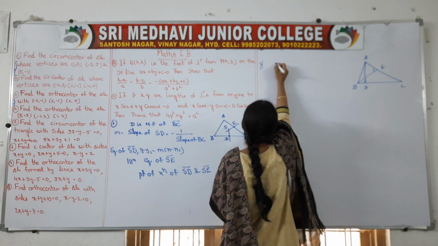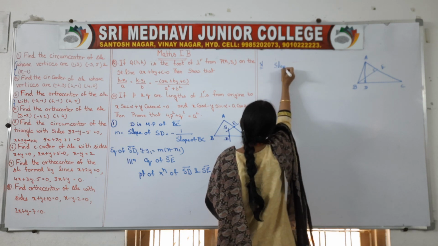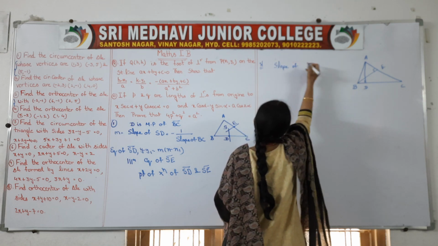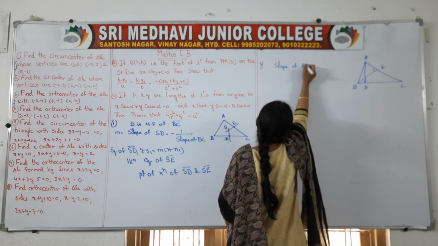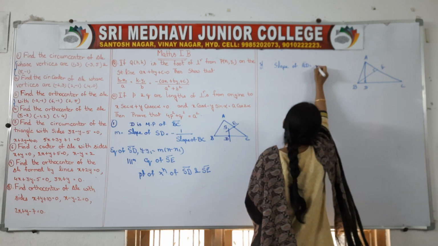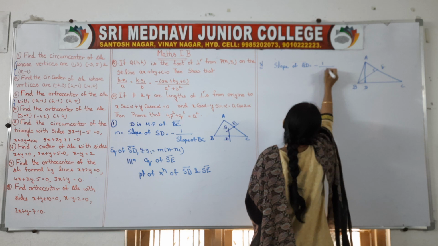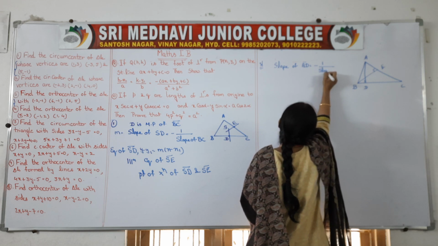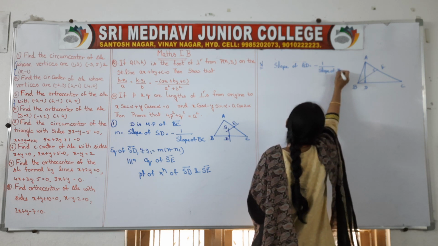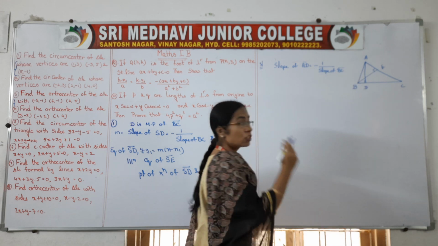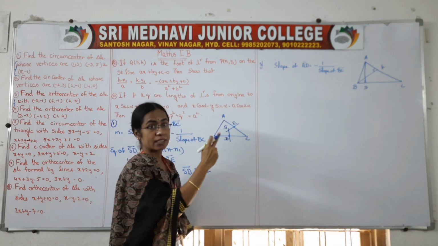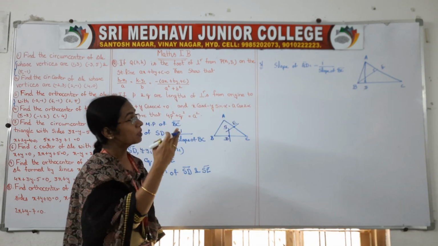So the slope of AD is equal to minus 1 by the slope of BC.